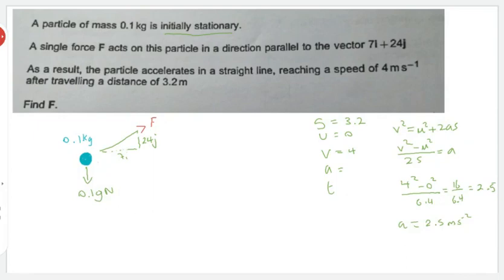Okay, this is weird. It says a single force, F. So that means we don't need to incorporate this gravity business. It's just a single force that we need. And they gave us the mass so we can use F equals ma. So I was overcomplicating it.